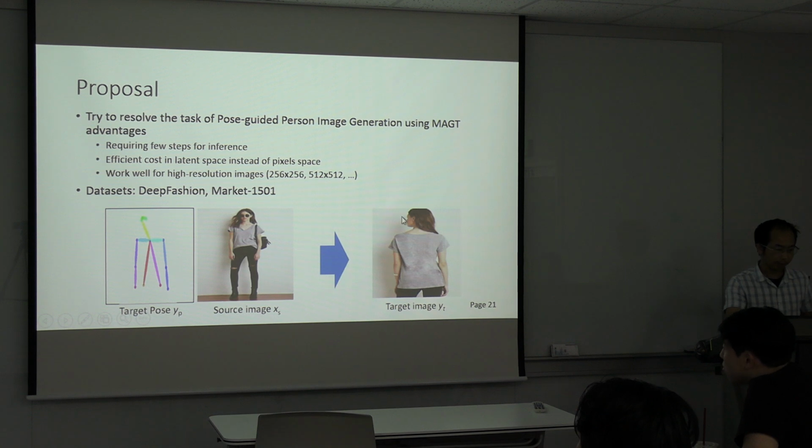At the back side, this is what we call the body pose of this person, and this is the style image. So given the input style image, the appearance, and the pose, suppose we want the model to produce an output that does not have this pose, but has the same appearance as this person.